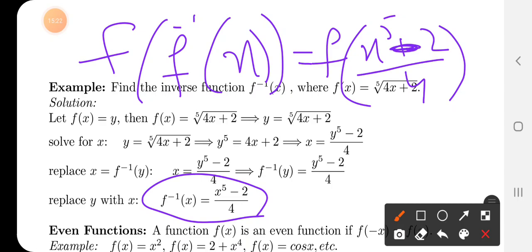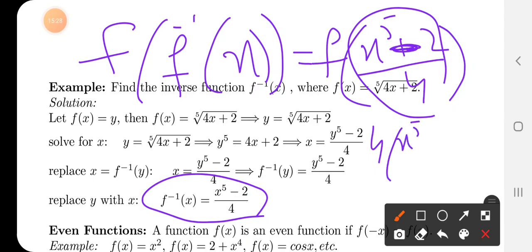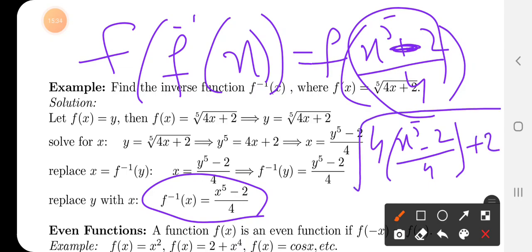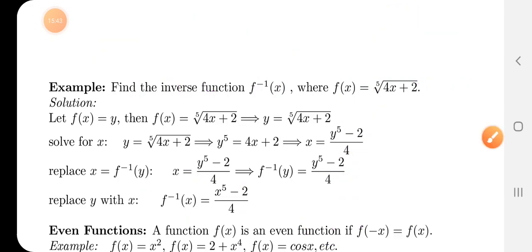Instead of x, I need to replace this whole thing, (x^5 minus 2) over 4. This is just instead of x, and the rest of the things stay as they are. So here you see the 4 will be cancelled with this, the 2 cancelled with this, and the fifth power cancelled with this fifth root. So the answer is x. Similarly for the other order, you can check it.